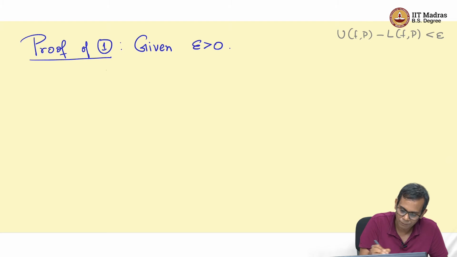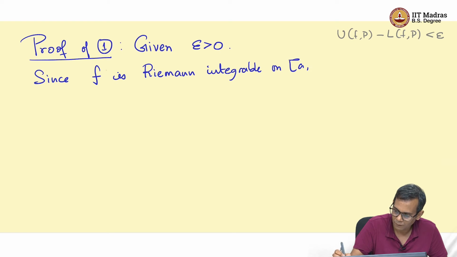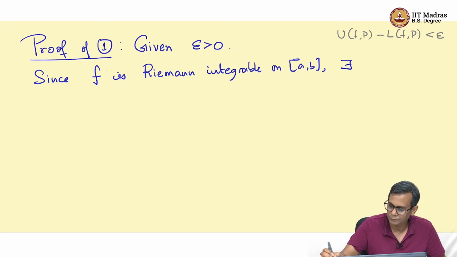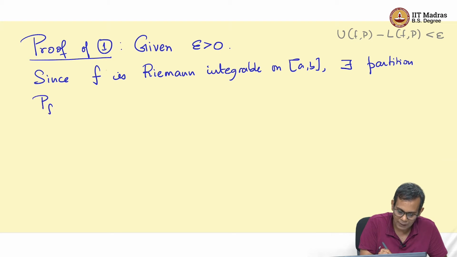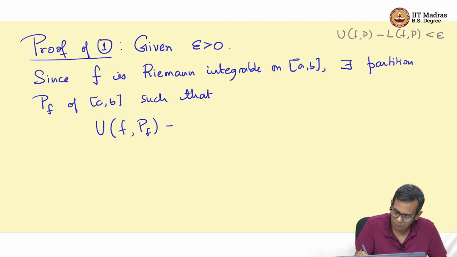So, let us say we are given epsilon greater than 0. Since f is Riemann integrable on the closed interval a b, I can find a partition, let us call it Pf, of the closed interval a b such that U(f,Pf) minus L(f,Pf) is less than epsilon by 2.